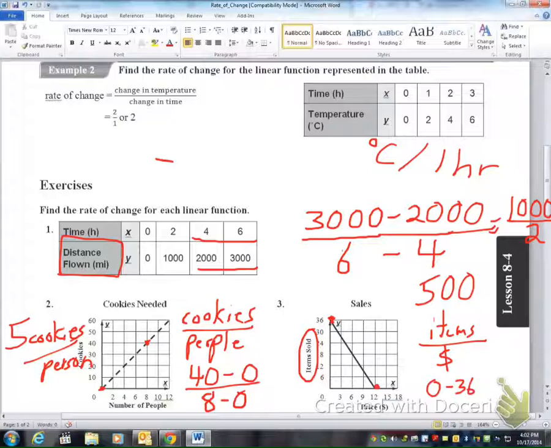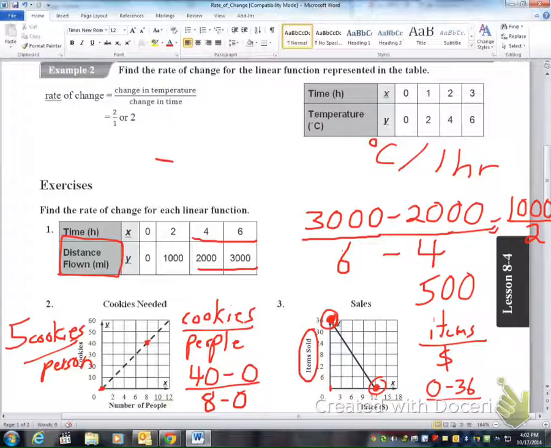Now we can also do 36 minus 0, but if we do that, we need to understand that we also need to do the x value that matches with 36 minus the x value that matches with 12. You can subtract them in either order as long as you are consistent. So if I do this up here for my items sold first and this one second, then this up here needs to tell me how my price is, which my price starts at 0 here, and my final price would be the 12.